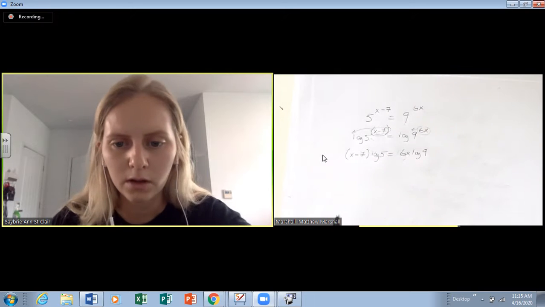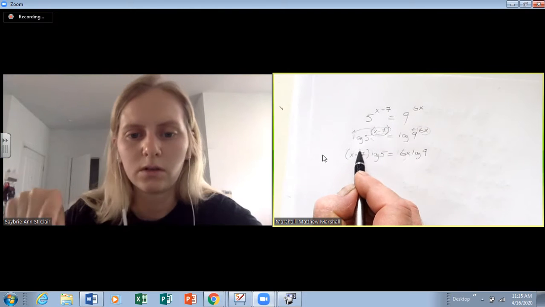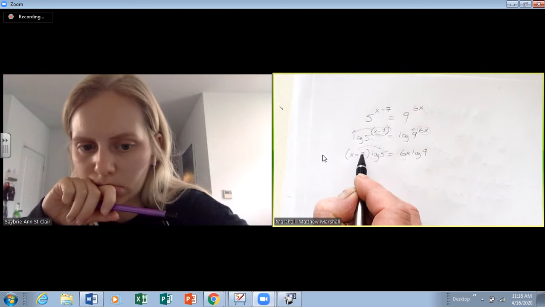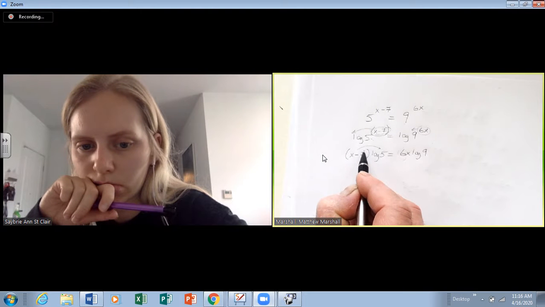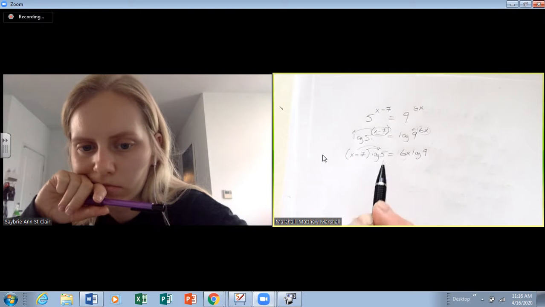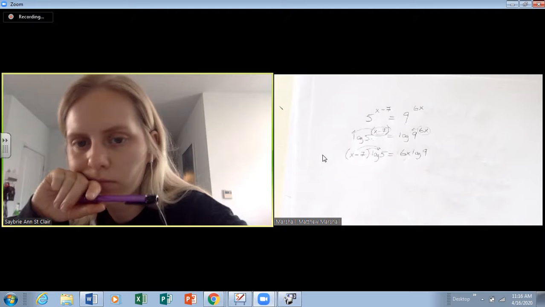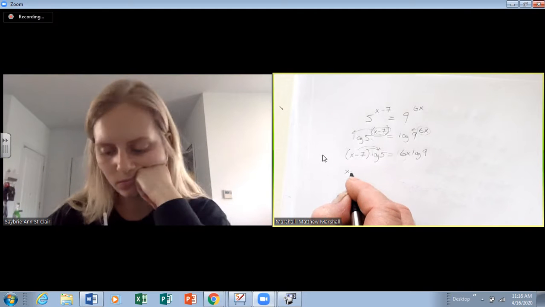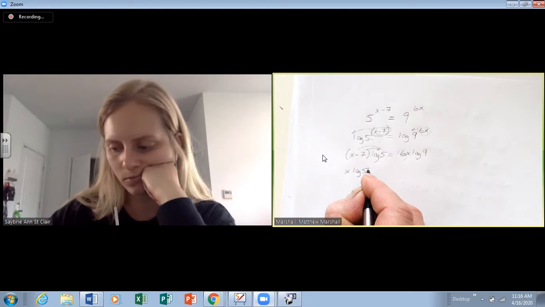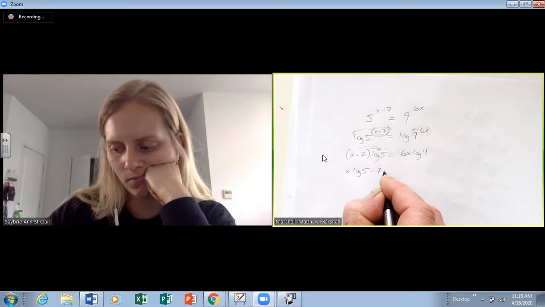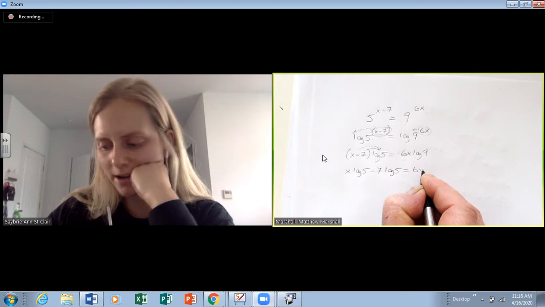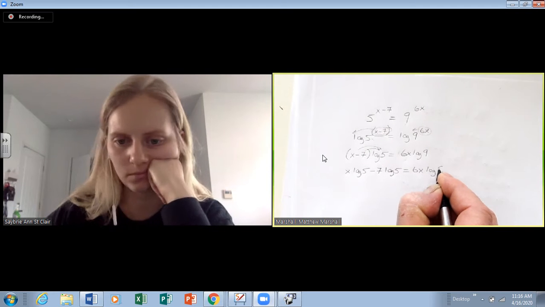And then now, this is where I'm going to distribute. I'm going to write this as x log 5, and then I'm going to write this as negative 7 log 5. See that little distribute right there? So that gives me x log 5 minus 7 log 5, and I still have that 6x log 9 over there.